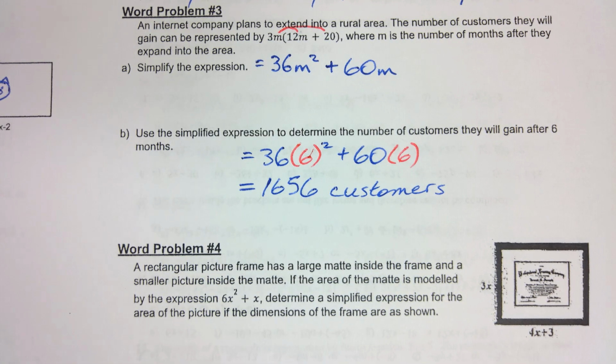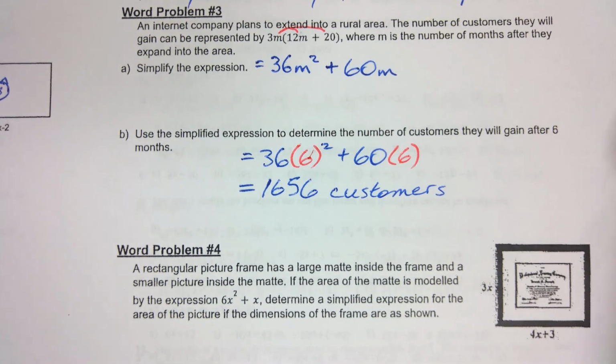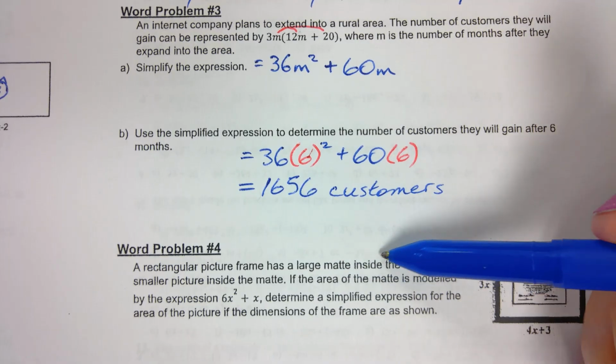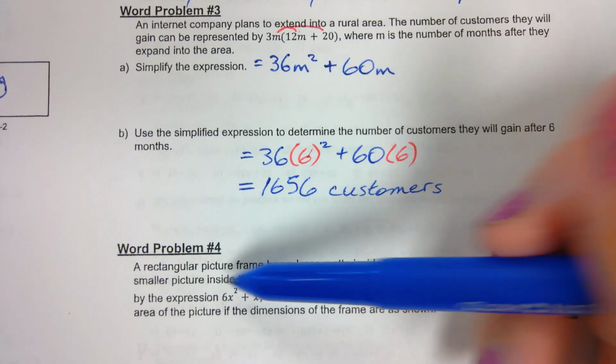Okay, last example. There was a similar one in the homework yesterday. A rectangular picture frame has a large mat inside the frame and a smaller picture inside.